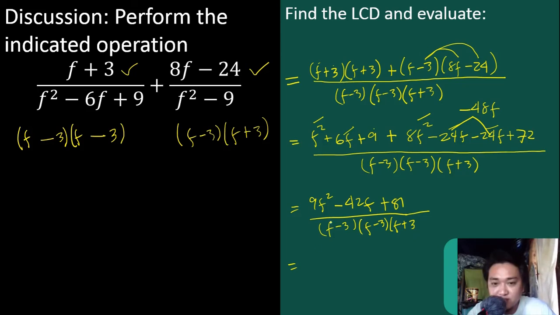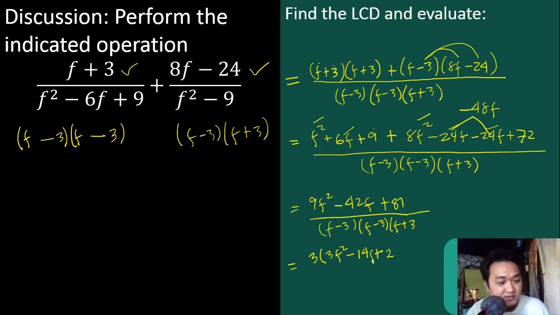So I think we have a common factor, which is 3. It will be 3 times 3f squared minus 42 divided by 3, that will be 14, plus let's try 81 divided by 3, that will be 27.